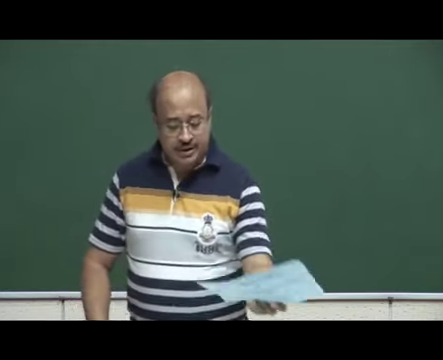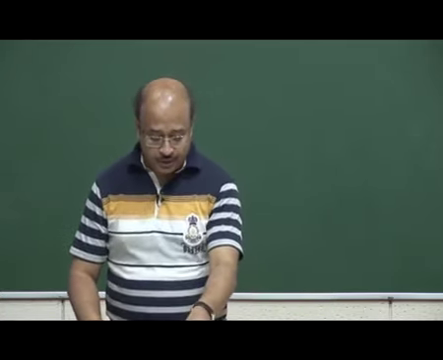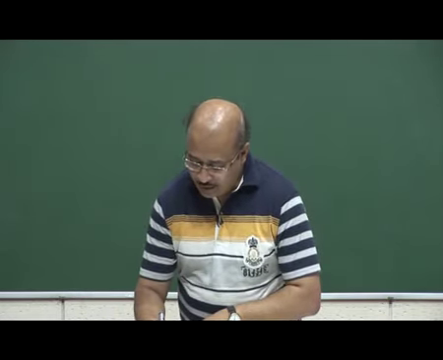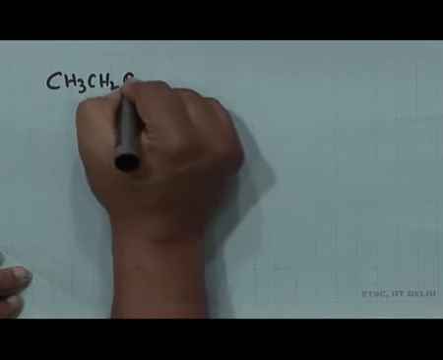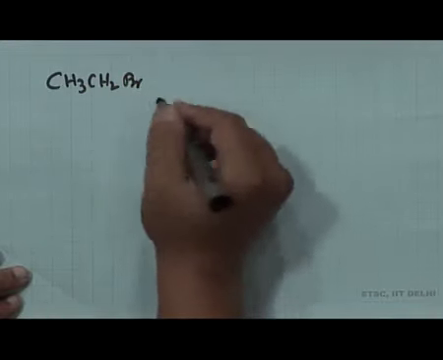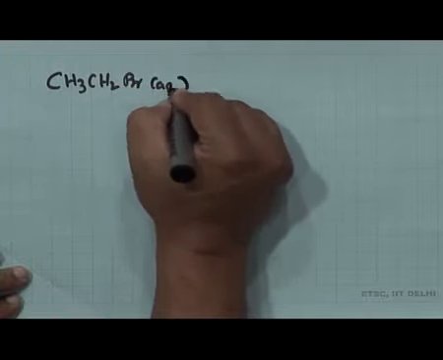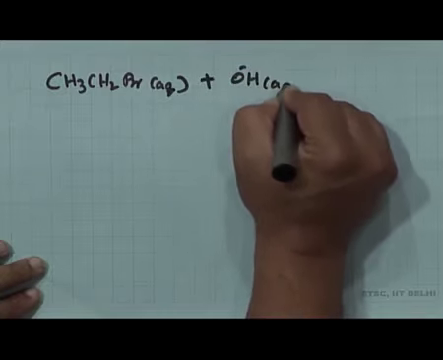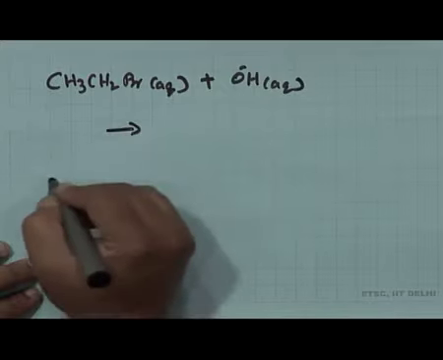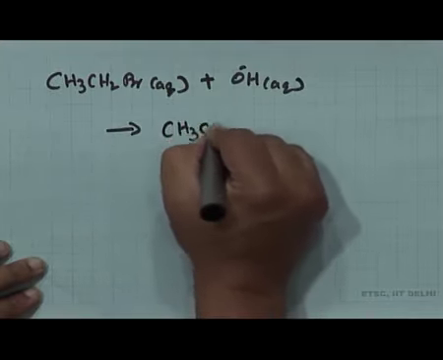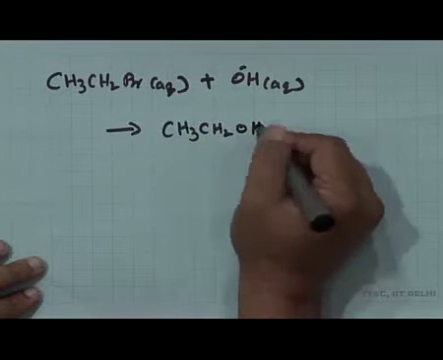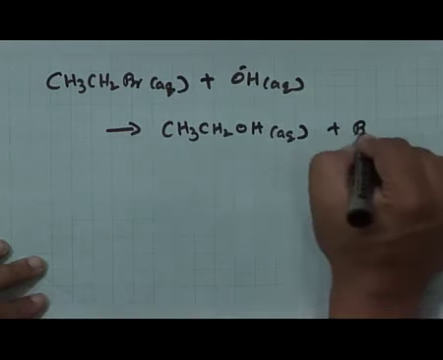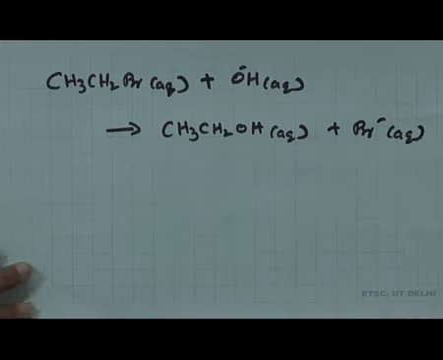Okay. So, let us start with a few examples, right. Let us take this first example where we have ethyl bromide, aqueous form, reacting with OH minus, aqueous form, to give you CH3CH2OH, you know what it is, aqueous form, plus Br minus, aqueous form.